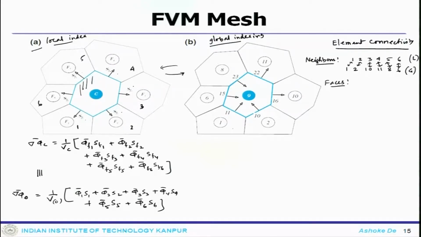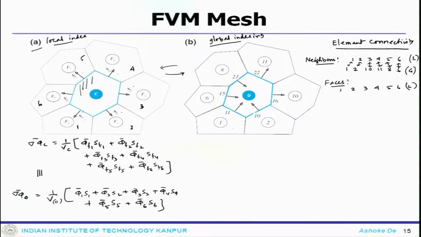Okay. Similarly, like your neighboring elements, you would have the face also with local connectivity and global connectivity. So, for the local connectivity, first write down 1, 2, 3, 4, 5, 6, this is local connectivity. Now, local face 1 is this one.